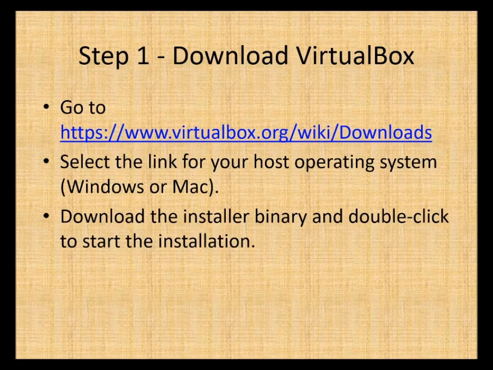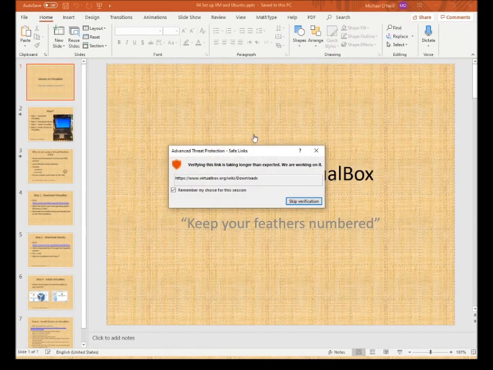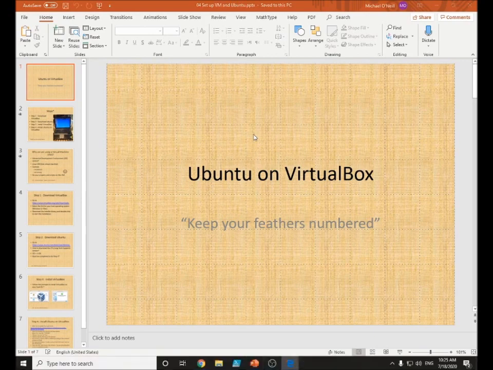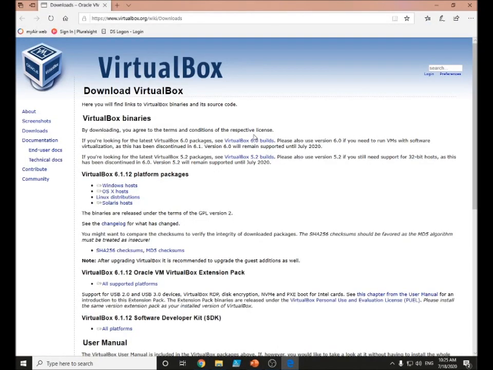Okay, step 1, download VirtualBox. You go to this link. And my computer will make sure that it's okay to go there. That's nice of it. Okay, you go here.